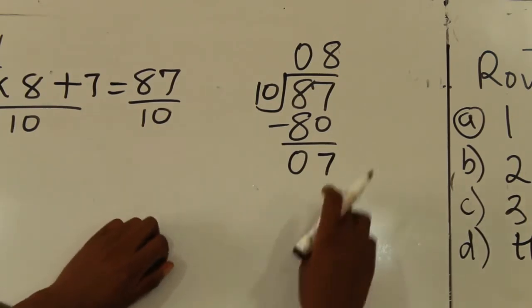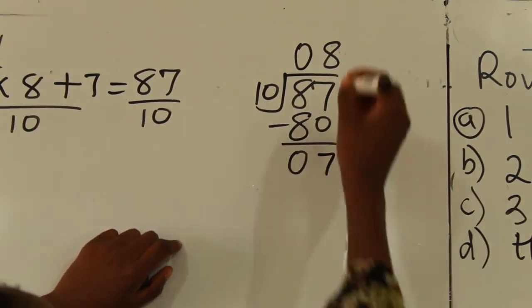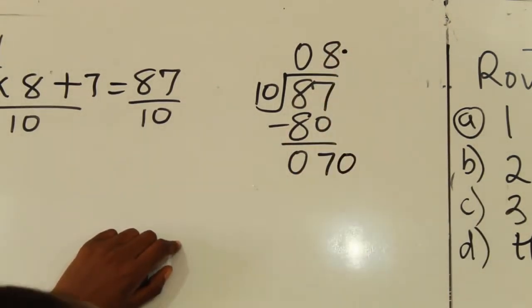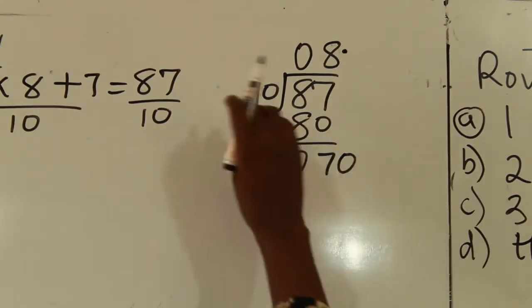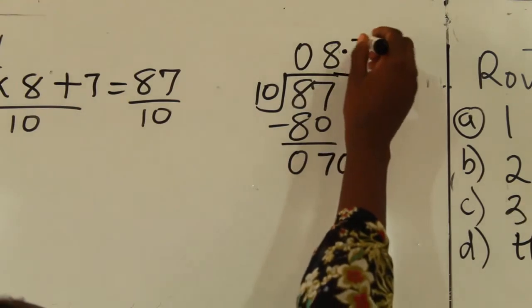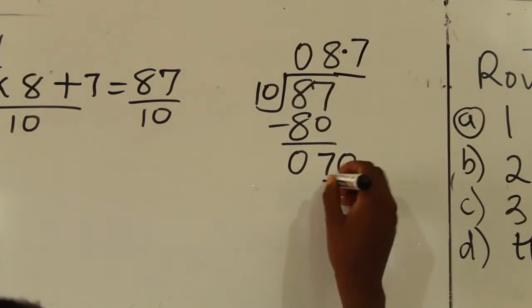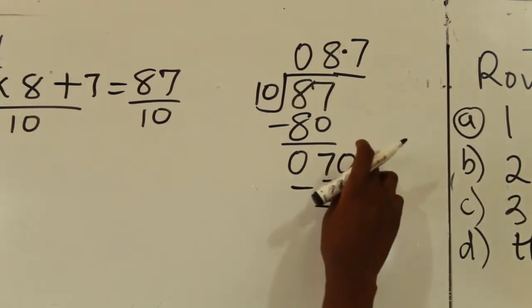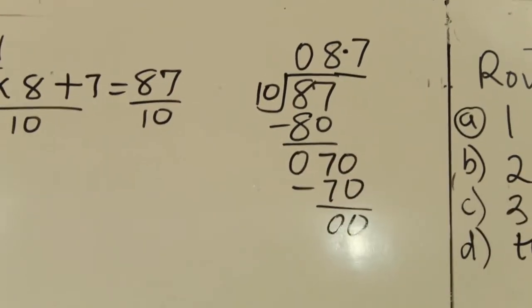And then 7 divided by 10 cannot go. So we put a decimal point and add a 0. It becomes 70. 70 divided by 10 gives 7. 10 times 7 is 70. 70 minus 70, 0 minus 0 is 0, 7 minus 7 is 0.